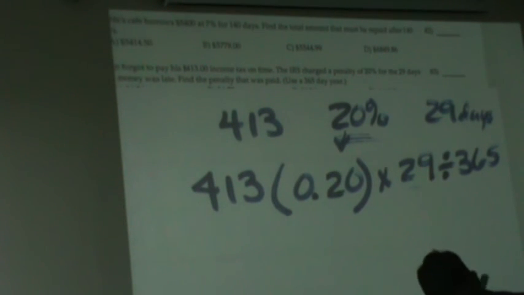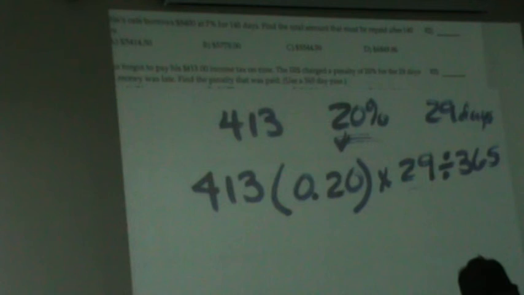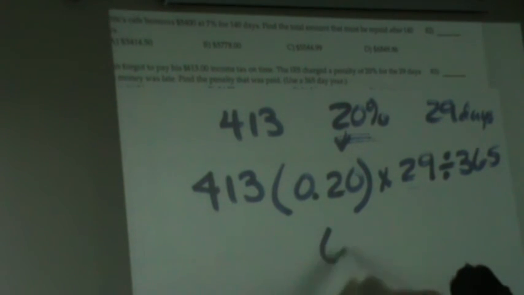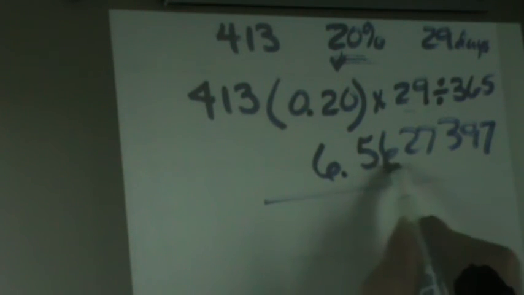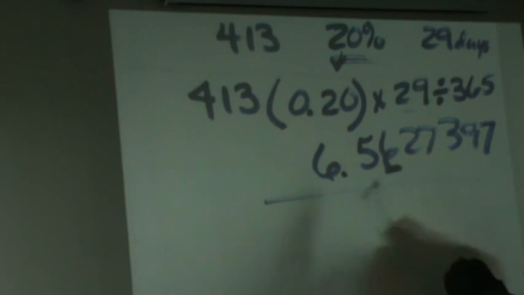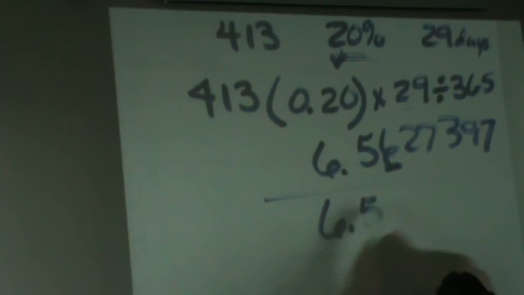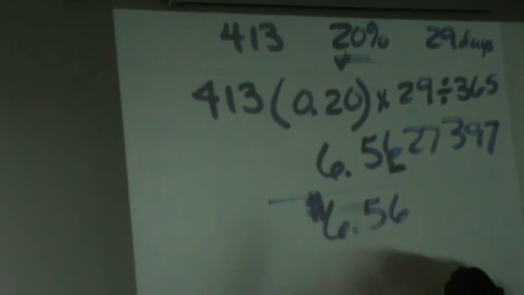I'm going to do it. Times 0.2 and times 29 divided by 365. So it came out to 6.5627. That's the penalty. Round it to the penny. So he paid $6.56 penalty.